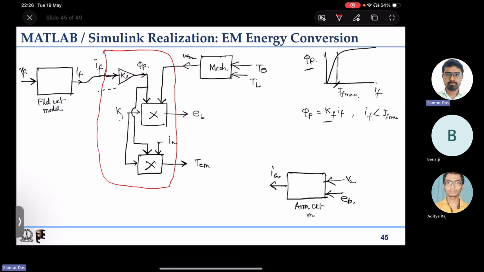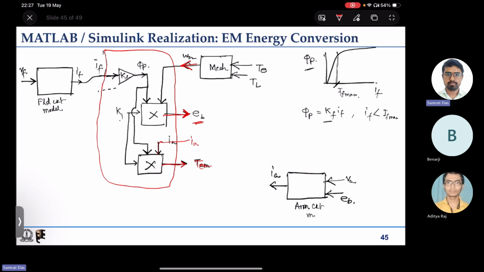One input is this mechanical input, that is speed, that goes out as some electrical disturbance, back emf. And another electrical input is ia, that goes in and comes out as electromagnetic torque, which is the input of the mechanical system.